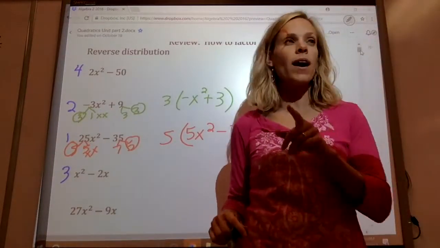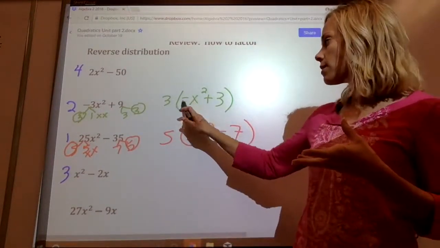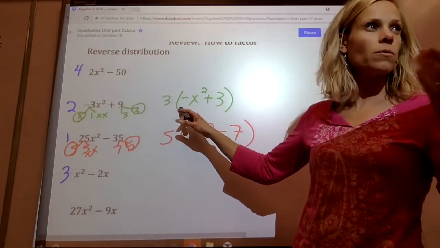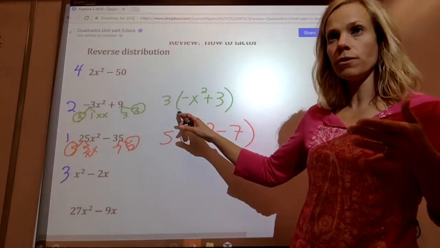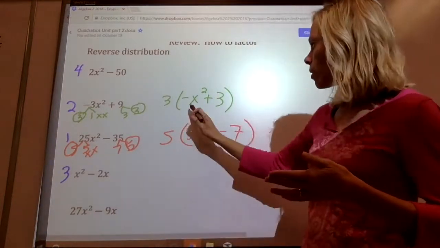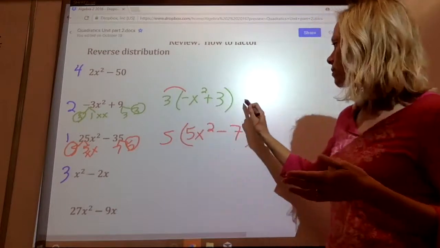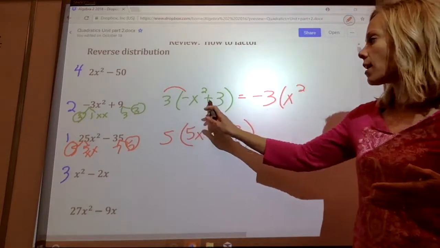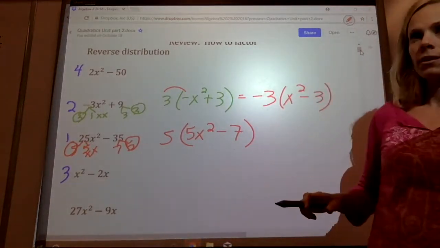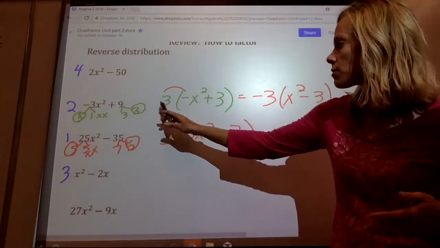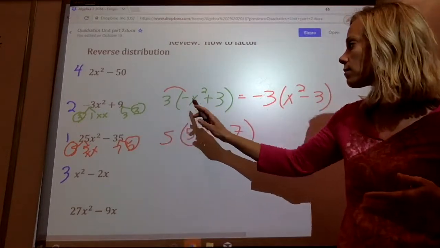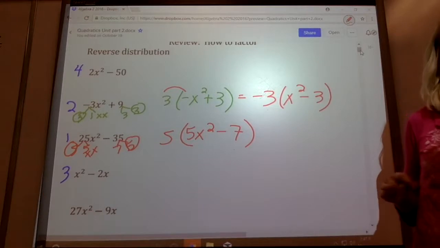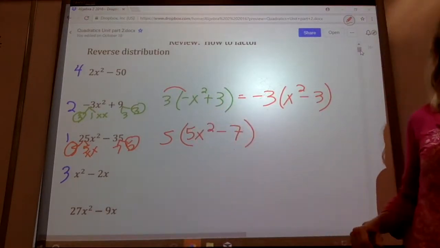Now, when we're factoring, if you can make this a positive 1, you should do it, and you'll see why later when we start using this to solve. So I would also want to pull out that negative. And if I pull out a negative, that'll change the sign on both of those. Right? Because if I'm going to pull out a negative, that's going to become positive. If I pull out a negative, it's going to become negative. Okay, so if you ever have a negative in front of that x squared, pull it out.